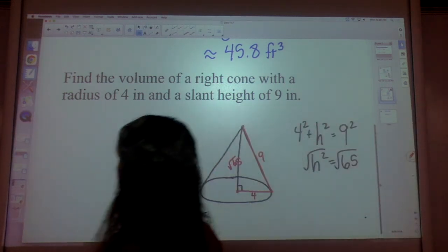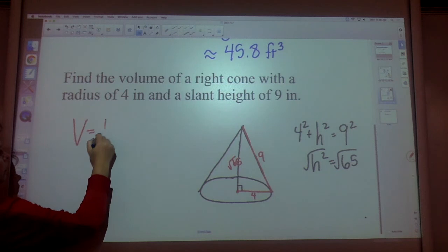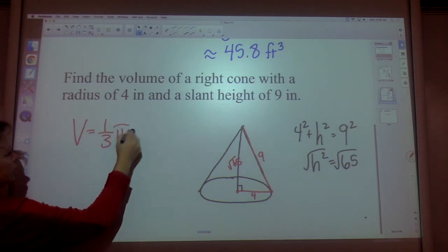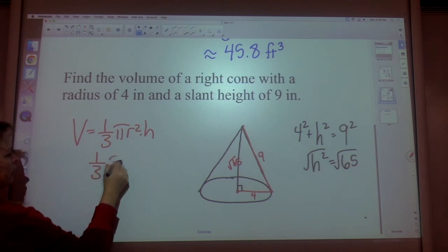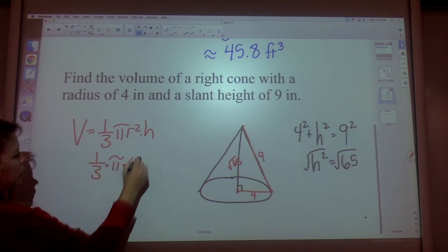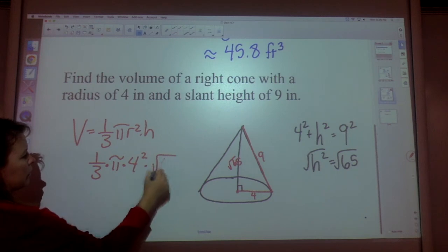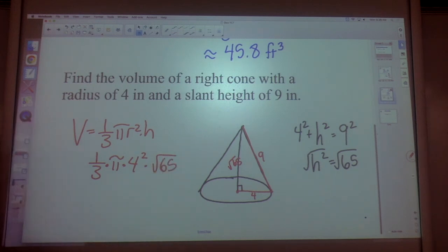Then we'll go ahead with the volume of the cone formula, which is 1/3 pi r squared times h. 1/3 times pi times 4 squared times the square root of 65. And again, let's not make a messy radical fraction out of this.